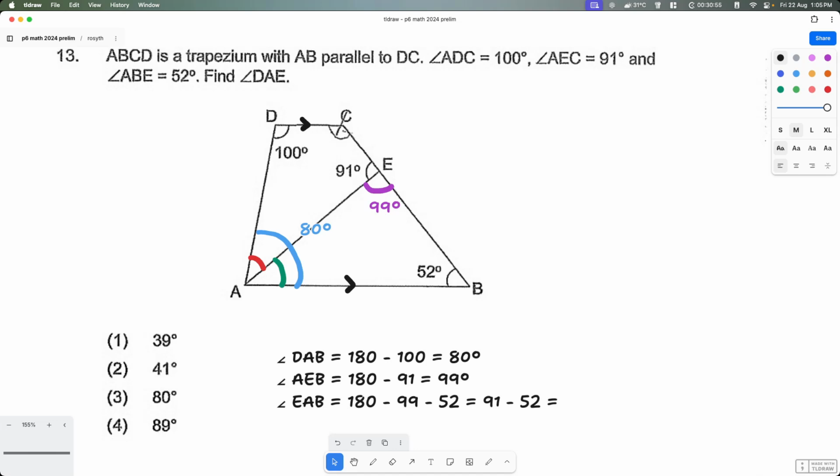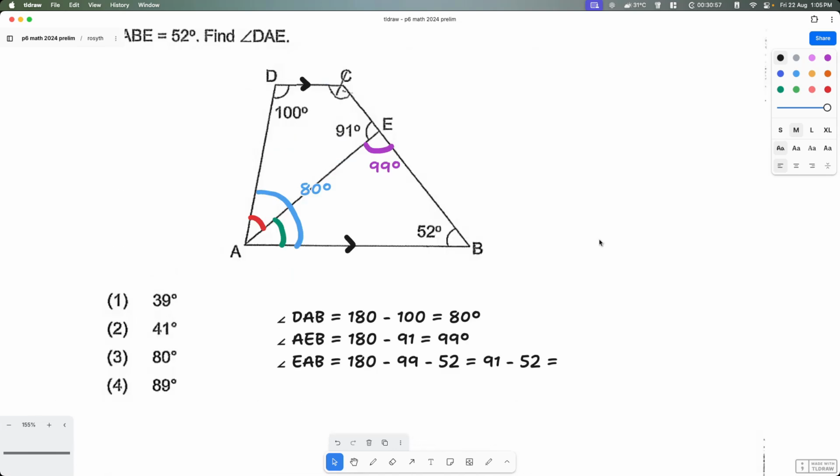So this becomes 39 degrees. Yes. So angle EAB is equal to 39 degrees. This green angle is 39.